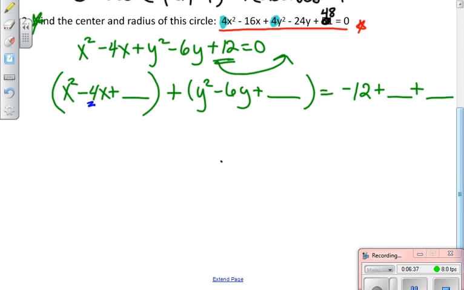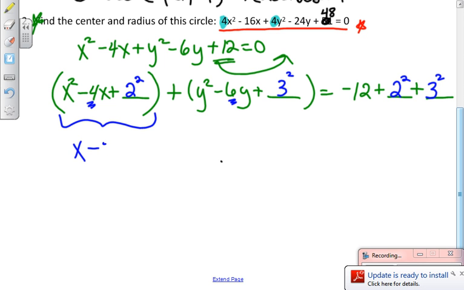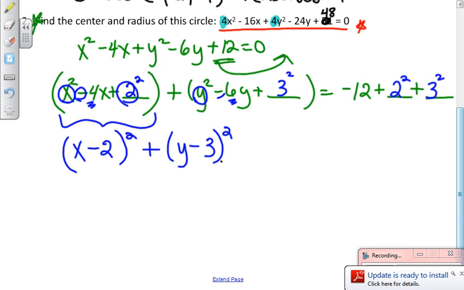Again, half of the middle term is 2, square it, and I add it to both sides. Half the middle term is 3, and I square it, and I add it to both sides. This will factor into x minus 2, the quantity squared, base, sign, base, plus this factors into y minus 3, the quantity squared, base, sign, base, and that equals negative 12 plus 4 plus 9, it equals 1.